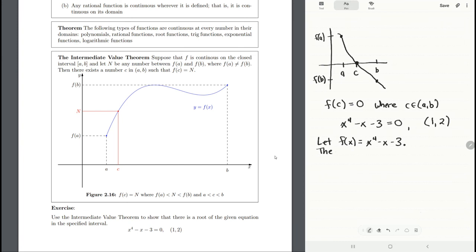Then solving the above equation is equivalent to showing that there is a root of the function on the interval from 1 to 2.